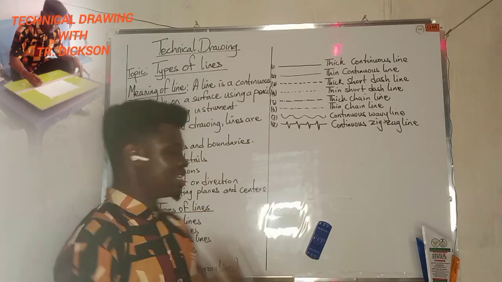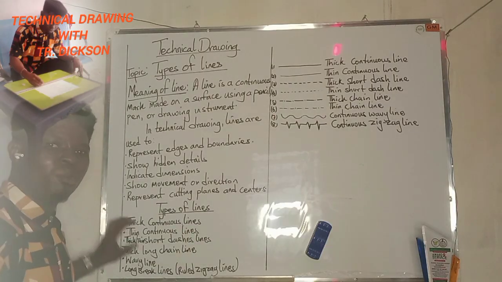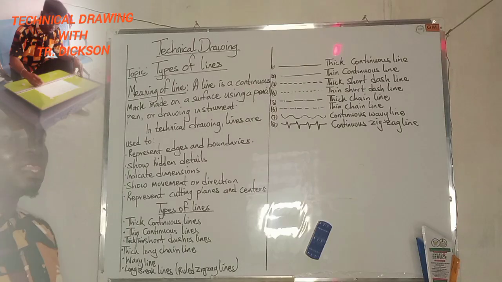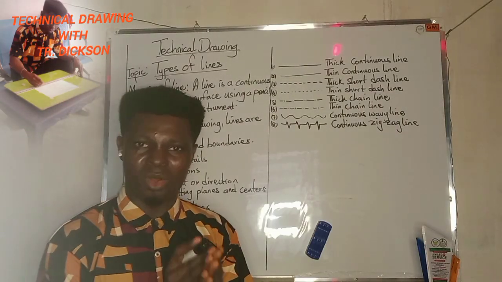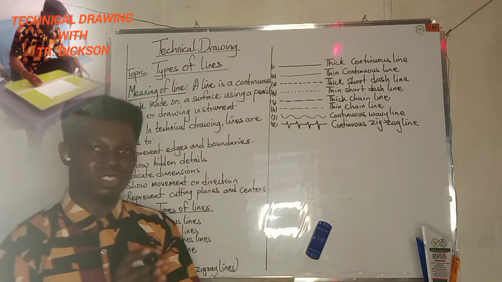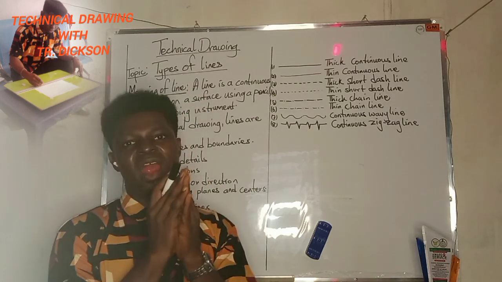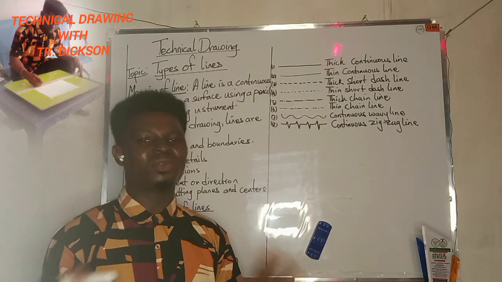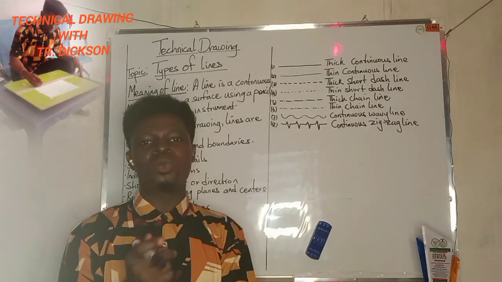All right, so let's quickly take a look at the types of lines we have. These are not all, but these are more relevant when we consider technical drawing. There are other types of lines that can be used in technical drawing, but also very much functional when we are going into other areas of artworks. So I would not want to go into lengthy details, having to cover all the types of lines.